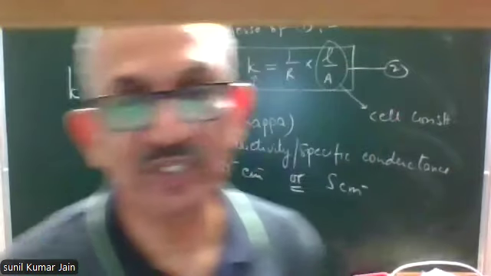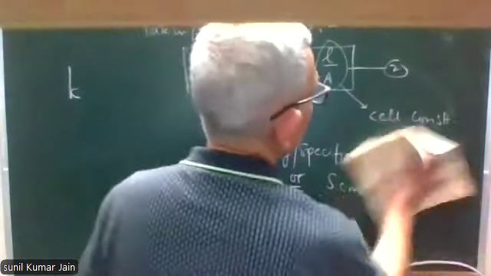On this basis, I'm sharing one numerical. Check your WhatsApp message. In the video you'll find it as in-text numerical 1. Calculate conductivity, that is specific conductance, of the solution which offers a resistance of 120 ohms when measured in a conductivity cell in which electrodes are 72 centimeter square area of cross section and placed 3.6 centimeter apart.